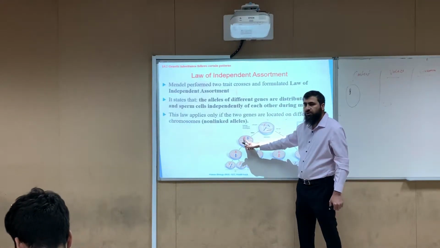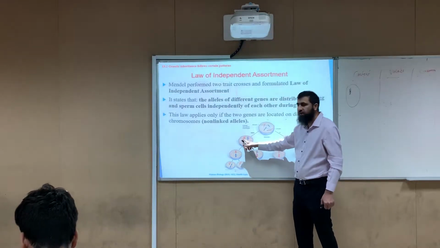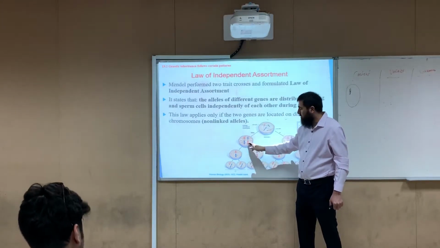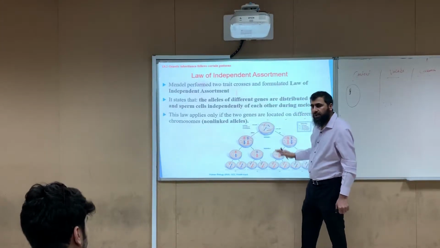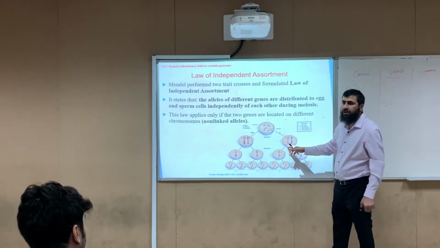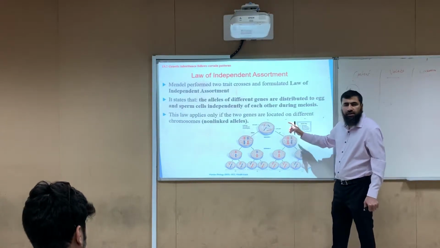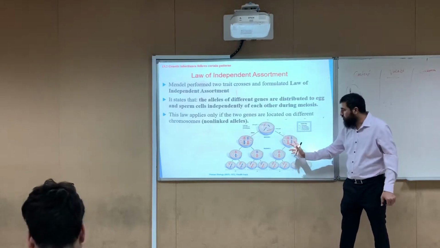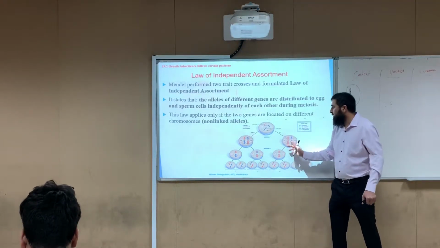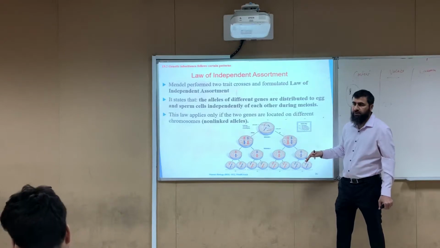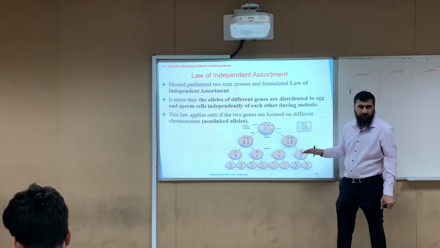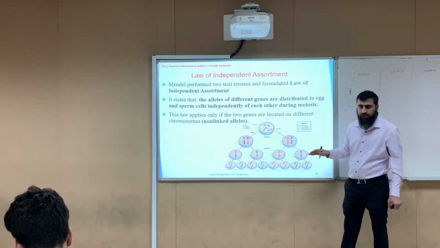On the left side you have one red, one blue. Right side one blue, one red. But in another combination, both red or both blue. So these two can assort independently of the other pair, okay? Each pair of homologous chromosomes can assort independently of one another.